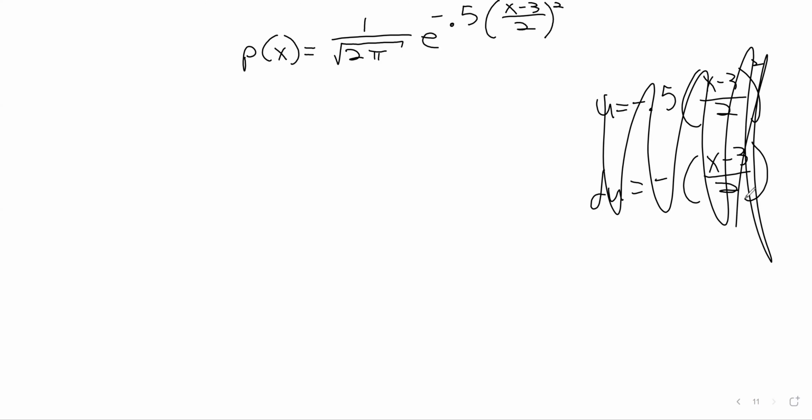And yet probability distributions that look like this are really important. You've probably heard the phrase the bell curve at some point in your life. Maybe you've heard the phrase normal distribution.